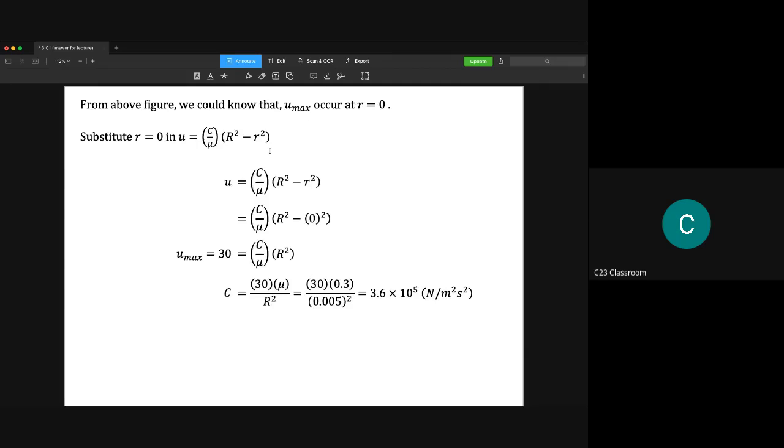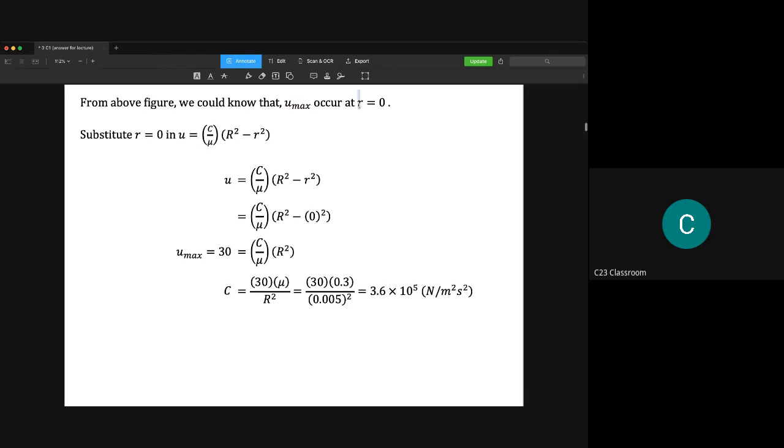It is something like finding a constant for a graph, for a function. So what we need to do is give a certain coordinate, or a certain value related to that line. We know that u max occurs at r equal to 0.